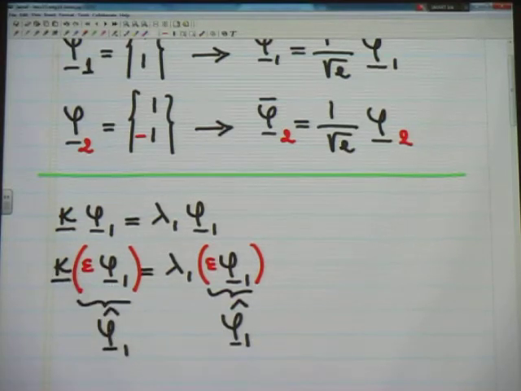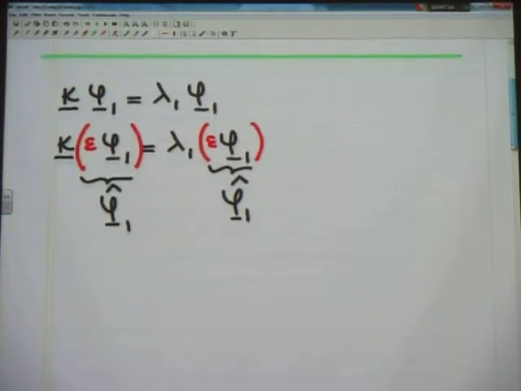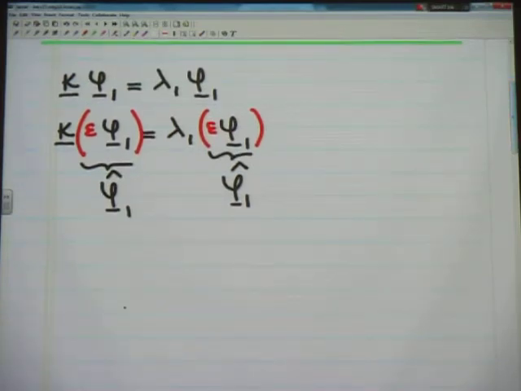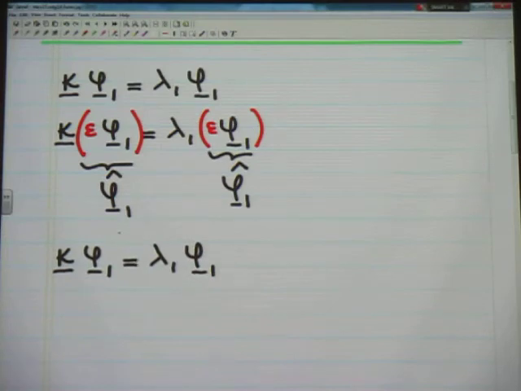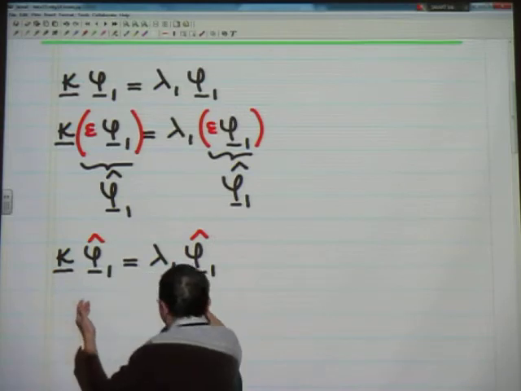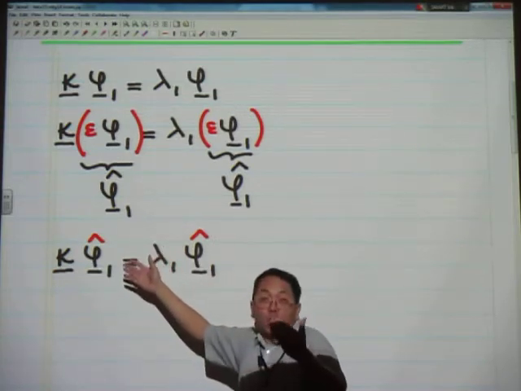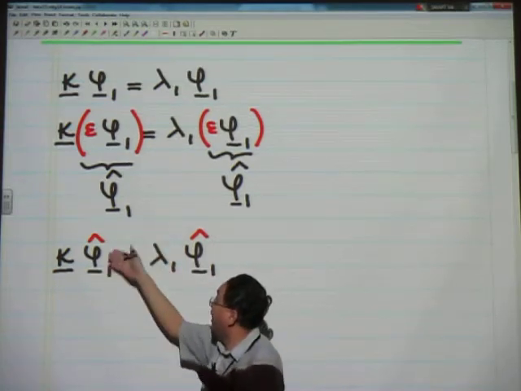So what you see here is when you multiply an eigenvector with any number, it is again an eigenvector, with the same eigenvalue. So what's the commonality between phi 1 hat and phi 1?